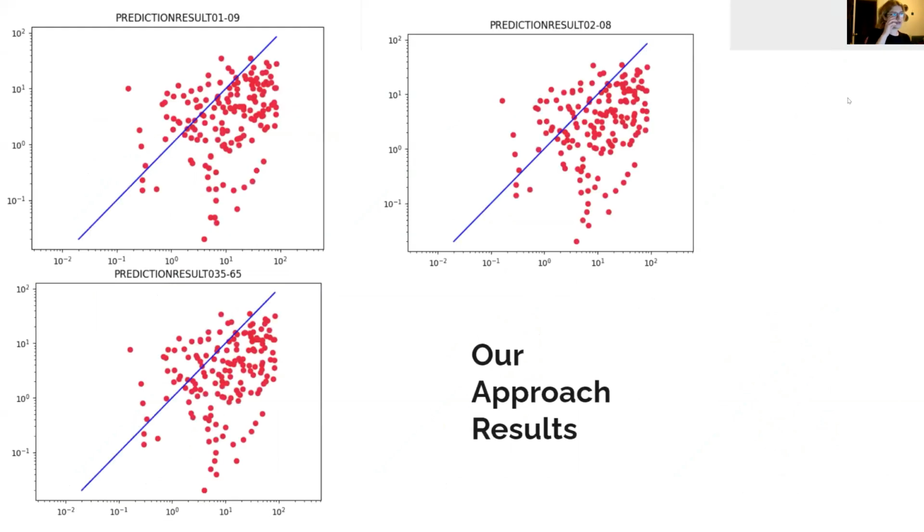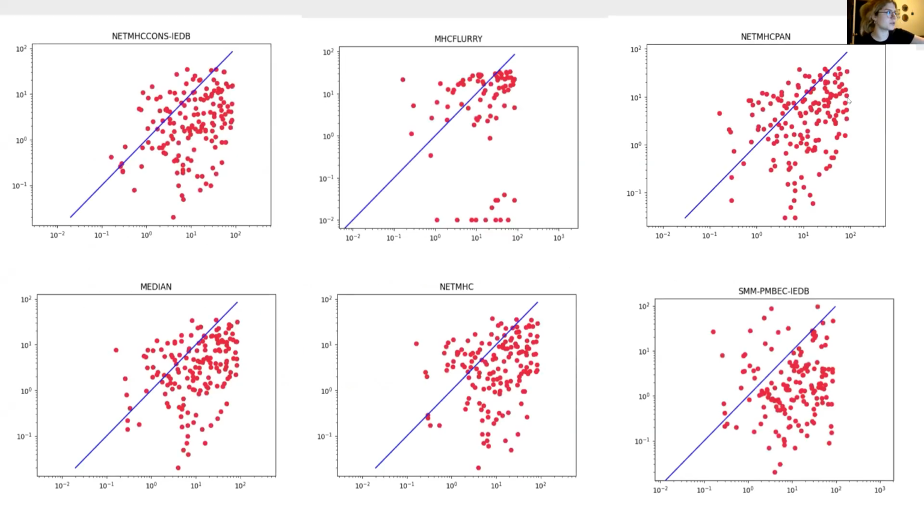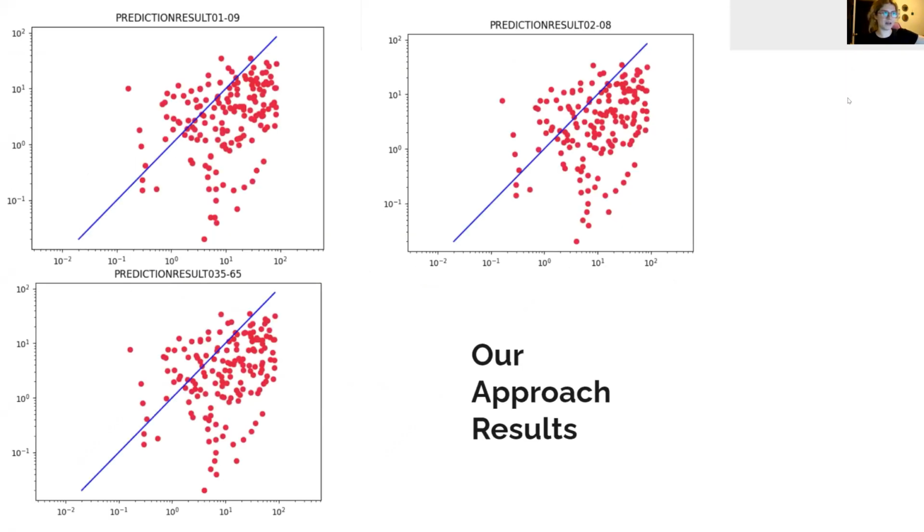When we use our approach, we can see that the MHC outliers are removed, and we get closer to our true data. It can't be 100% right, because it's micromolar units, and we just want to get the threshold a little bit true for our approach.